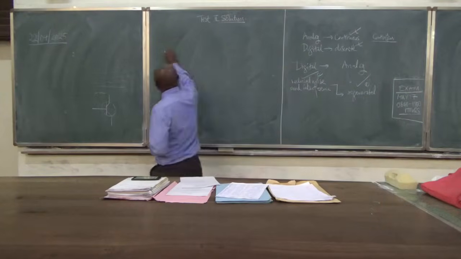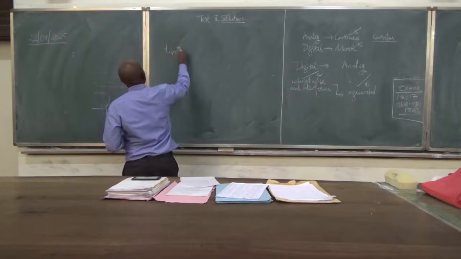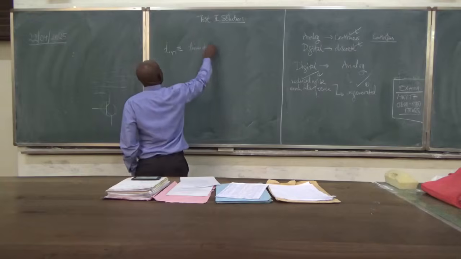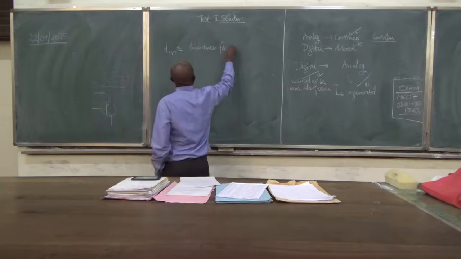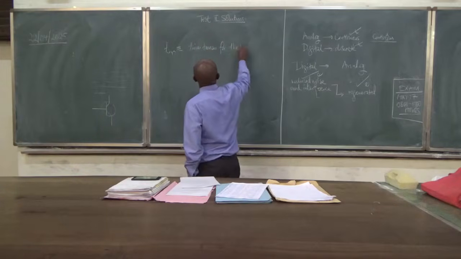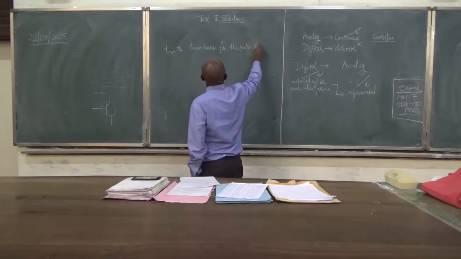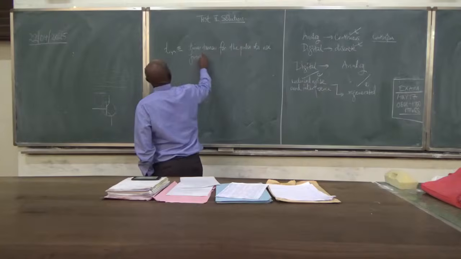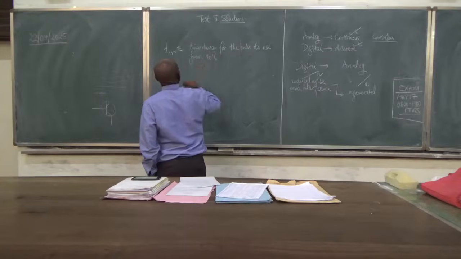Rise time is the time taken for the pulse to rise from 10%. Some of you wanted to act so smart, so you just put it as 0.1.